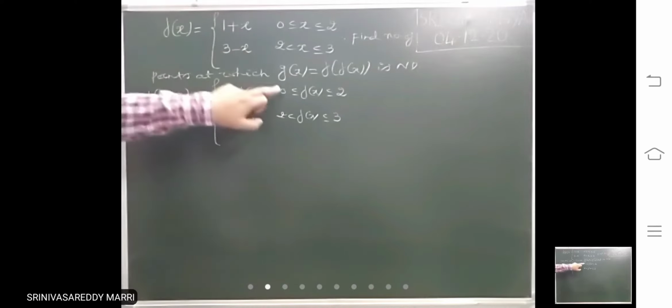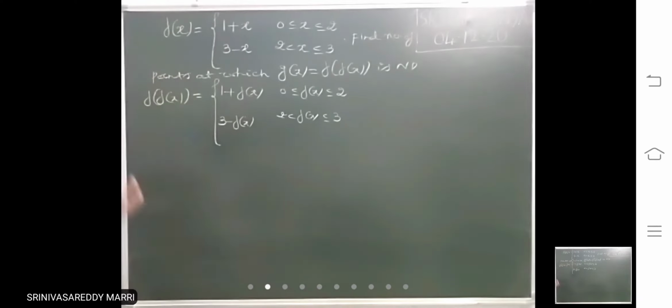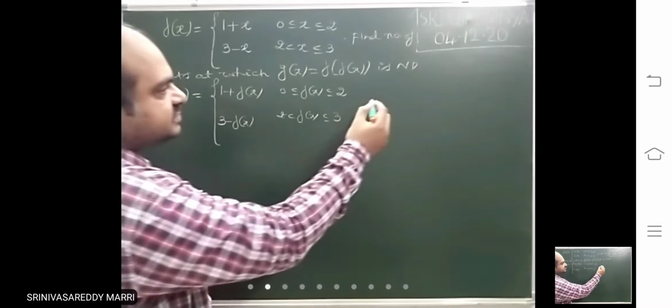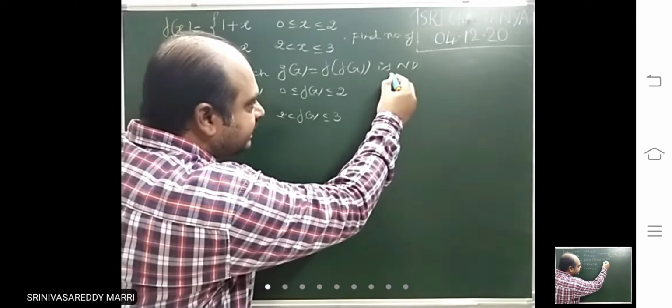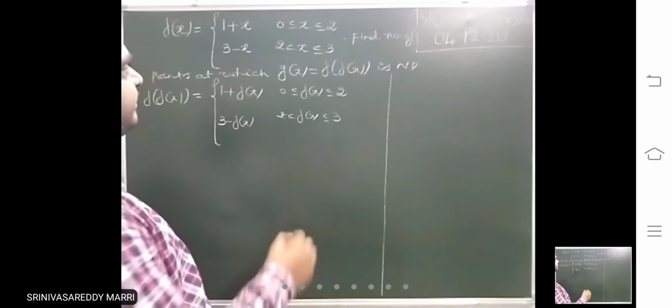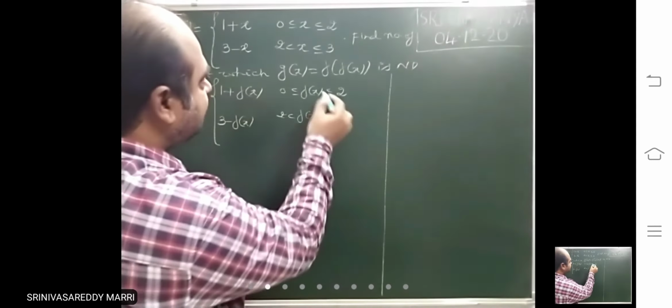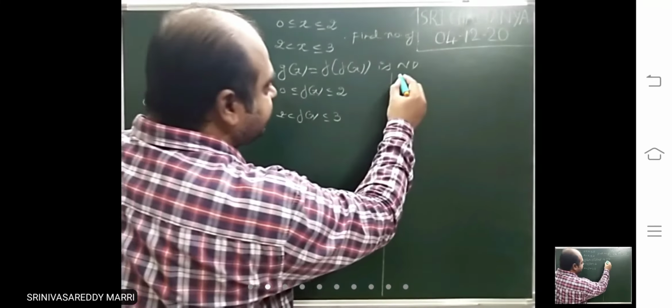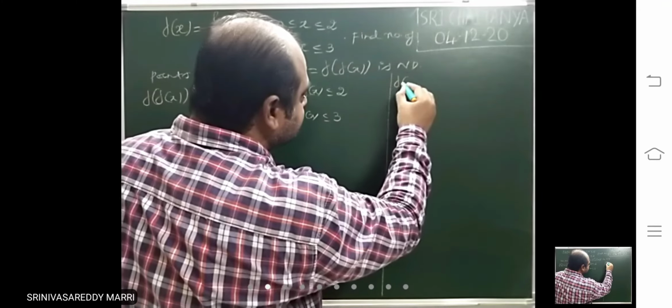Whichever f of x lies between 0 and 2, that you have to substitute here. For that, you will calculate the range values. Look at here I am writing. Take f of x. We have to see which f of x lies between 0 and 2.